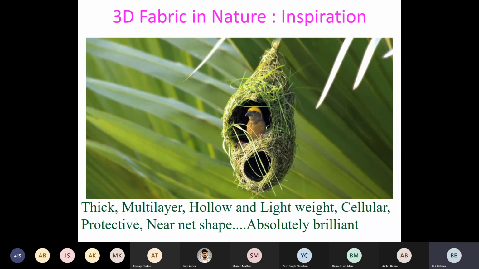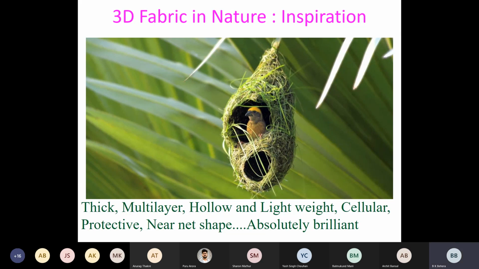This bird has made one cell for herself, another for her kids, and it has enough strength to protect themselves from whatever natural problem, whether it is wind, rain, sun, whatever.